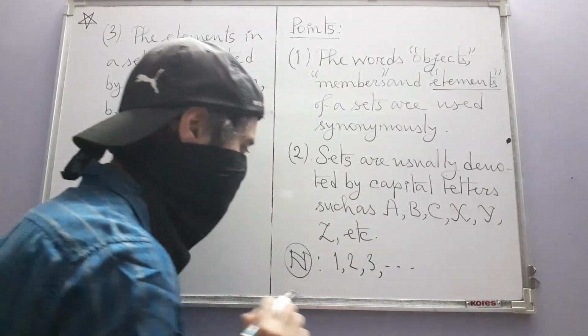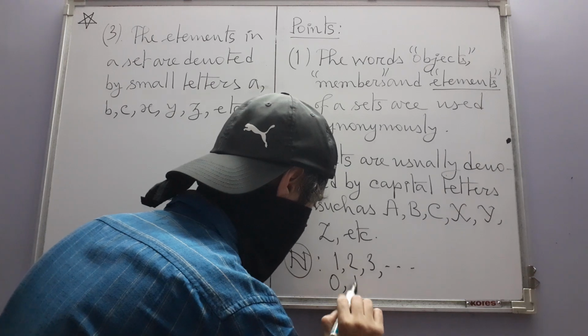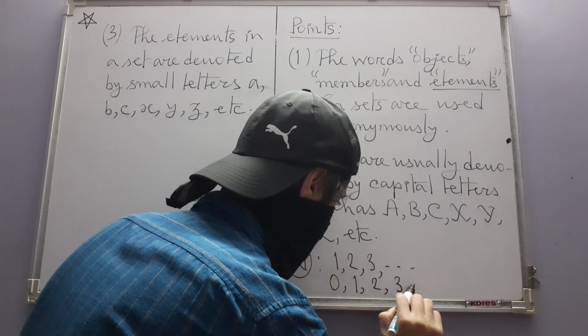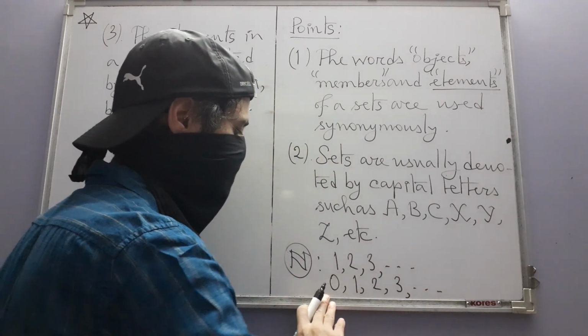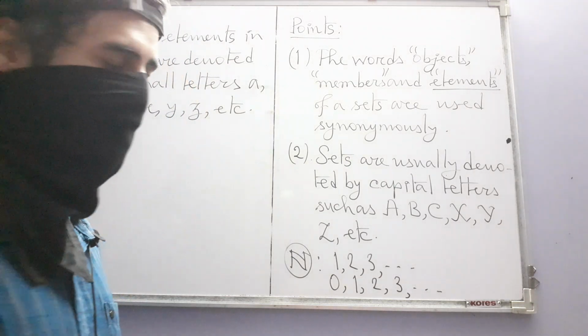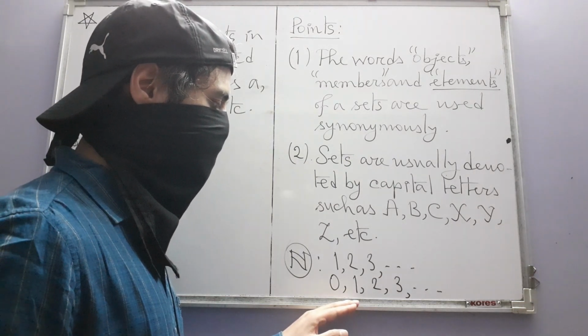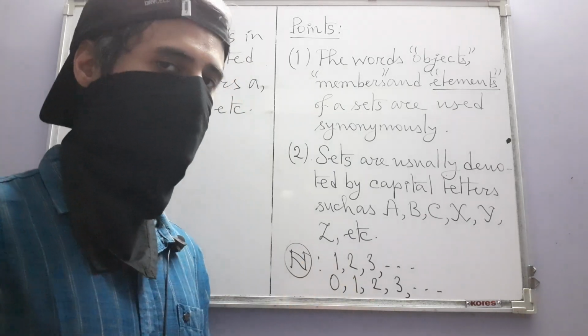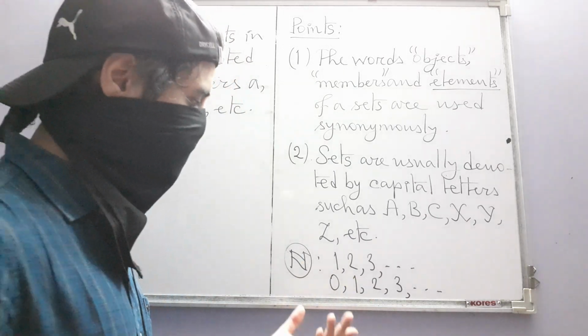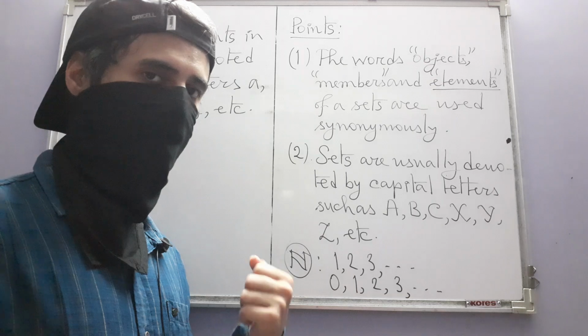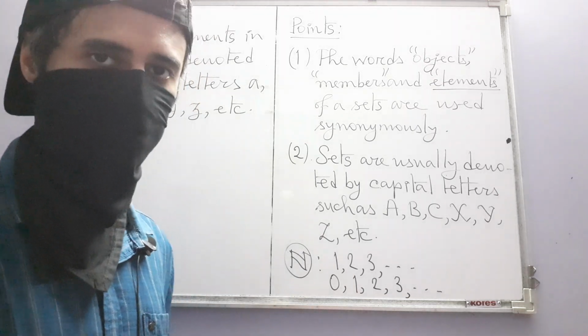However, some people also include 0 and call those numbers natural numbers. It's just a matter of considering or not considering 0 as a natural number. It does not affect the resulting mathematics in any way.